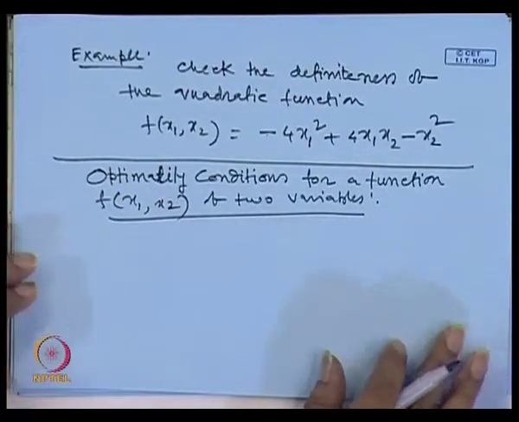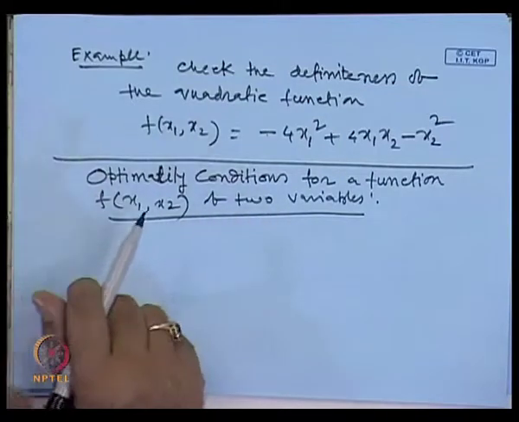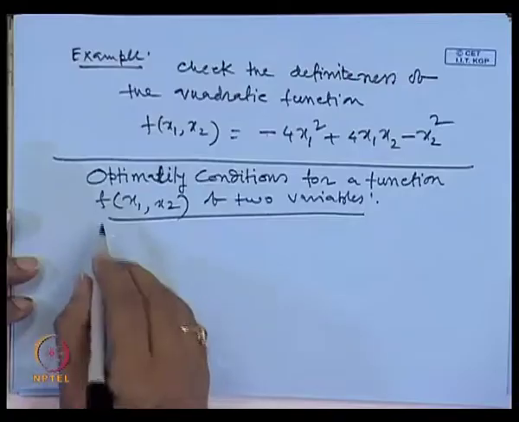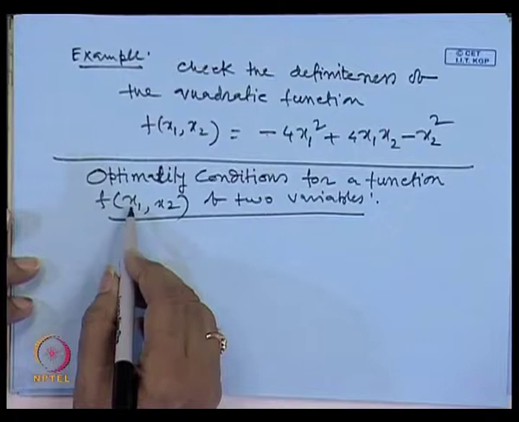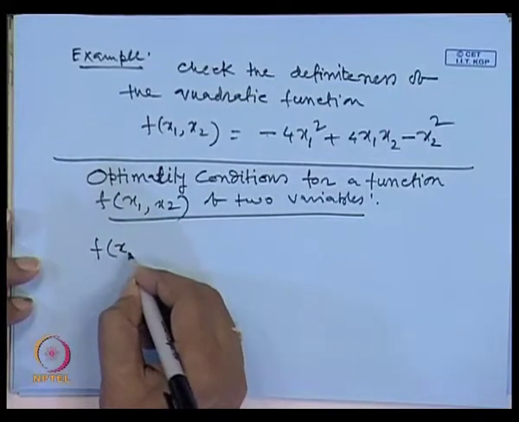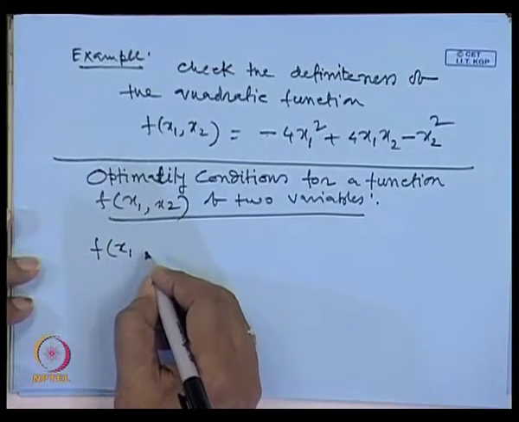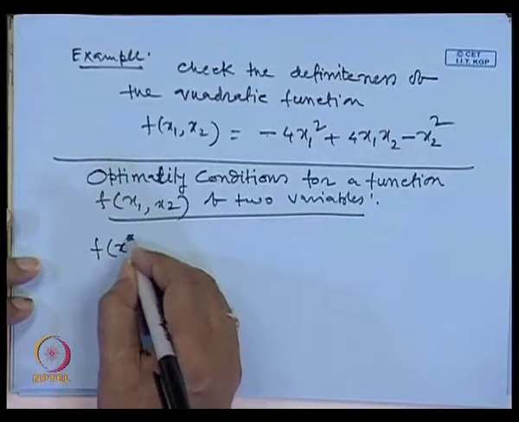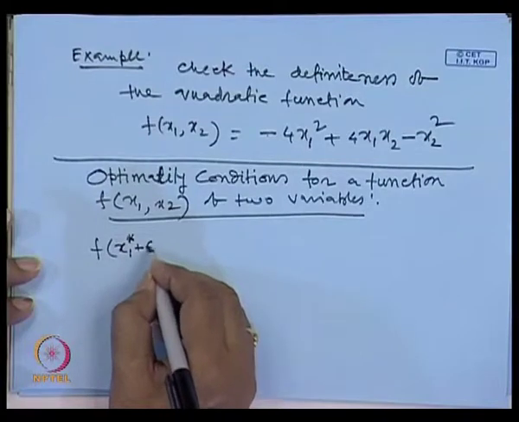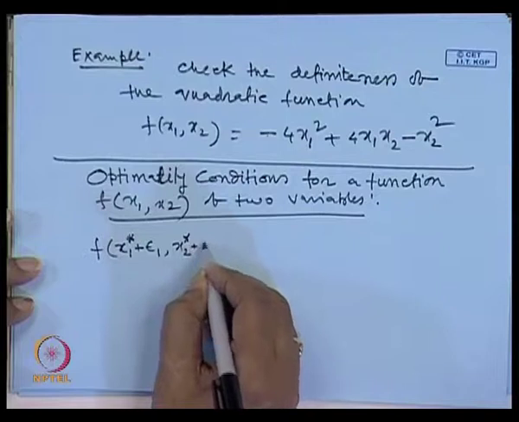Let us consider we have the function. This optimality condition can be obtained by using the Taylor series expansion of the function f, which is a function of x1 and x2. We have the point x1 star, and around this x1 star plus epsilon 1, x2 star plus epsilon 2.